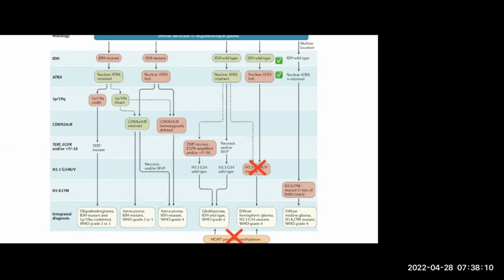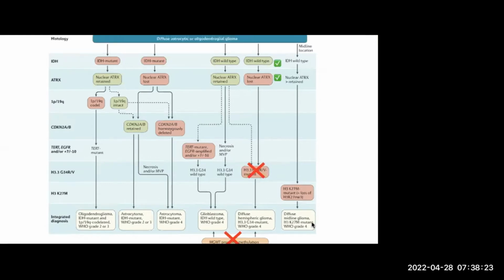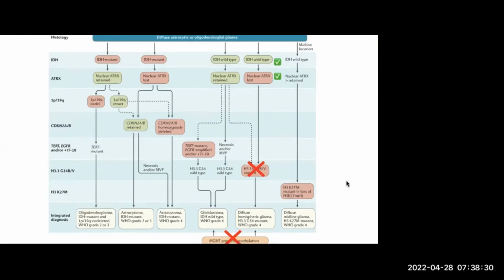Yeah, so you have to start at the very top, which is histology. We do say that we see a diffuse astrocytic glioma. That's where the problem starts, because once it's a diffuse astrocytic glioma, then it would have to fall into one of these categories. And I don't know if everything was looked at.